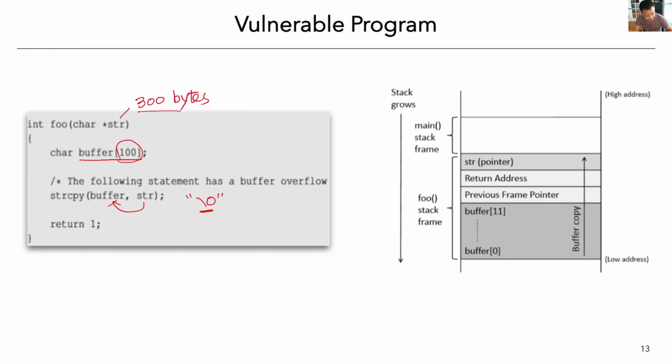So here is the memory layout. Stack goes down. This is the high address. This is the low address. When the main function calls the FOO function, it pushes the string onto the stack.